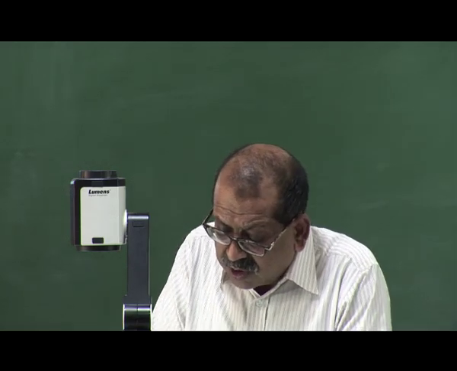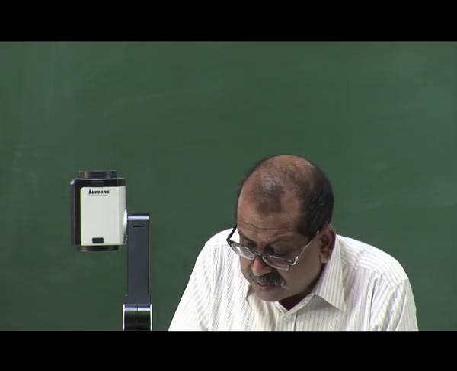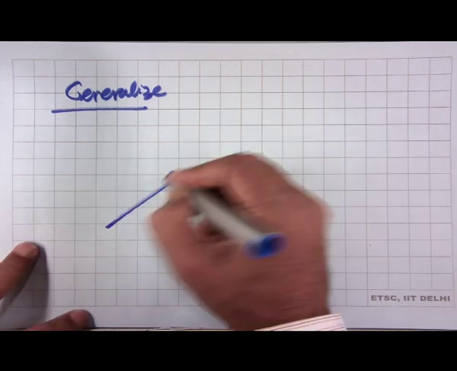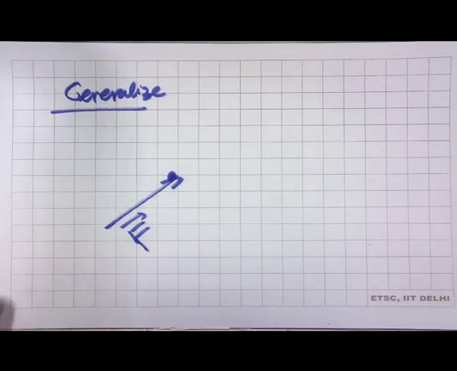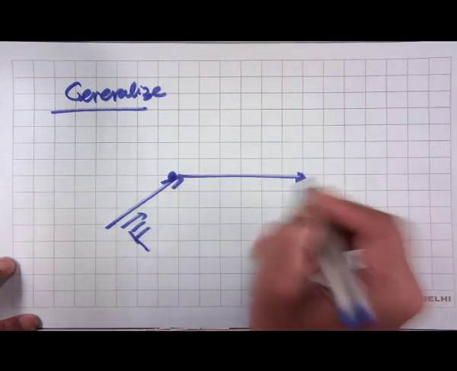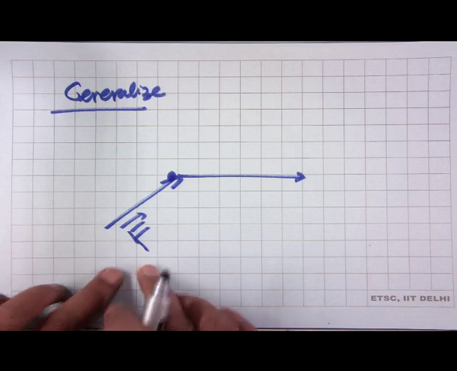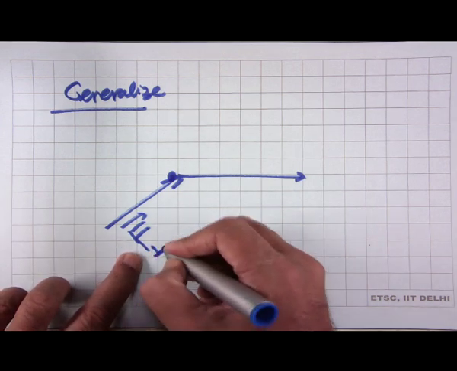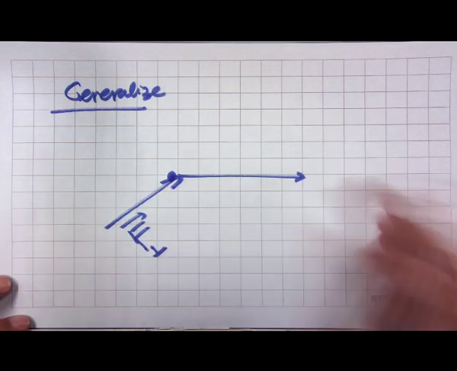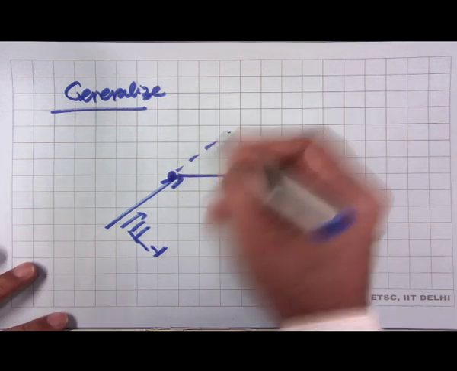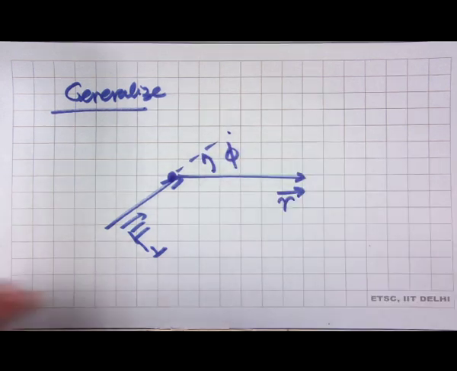Now, let us generalize this concept. We talked of a 1D case and we generalize this. In a general case, let us say we have this particle on which the force F is acting, and there may be more forces acting. So, we are looking at the work done by this particular force, let us say F1. Now, if the particle is moves like this, let the displacement of the particle be given by R, and the angle between the force F and the displacement R is phi.